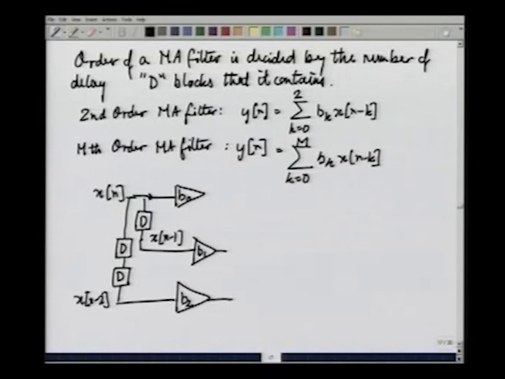Now that you have all these, you could take a summing block over here, add this, and add this, and all this together would give you y n.